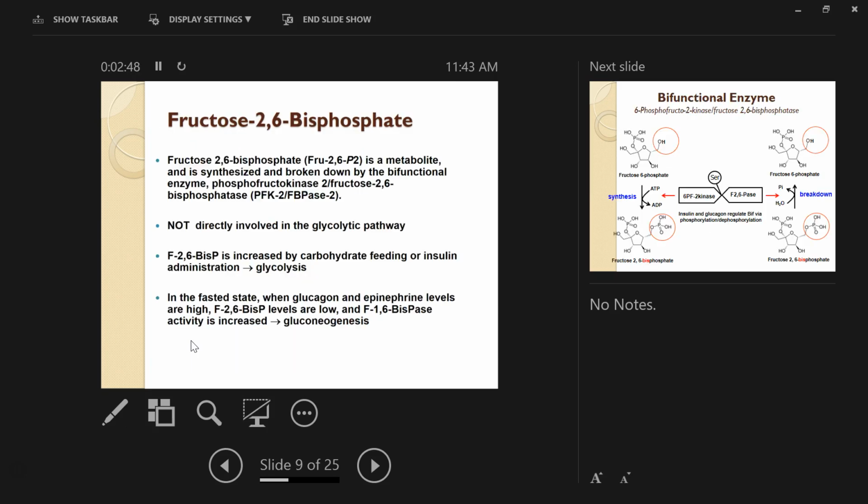And the other important thing is that this key substrate is not involved in any metabolic pathway, right? It's not an intermediate of glycolysis or gluconeogenesis, right? It's independent, but it has a very important regulatory function, right?